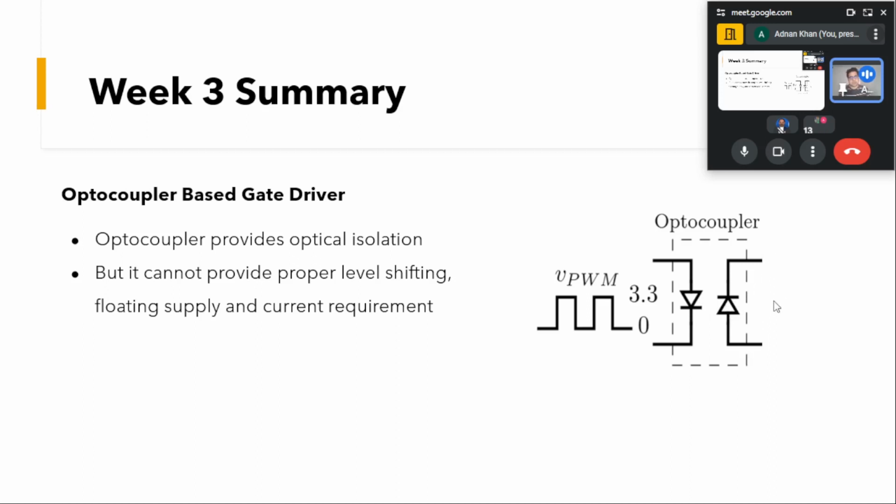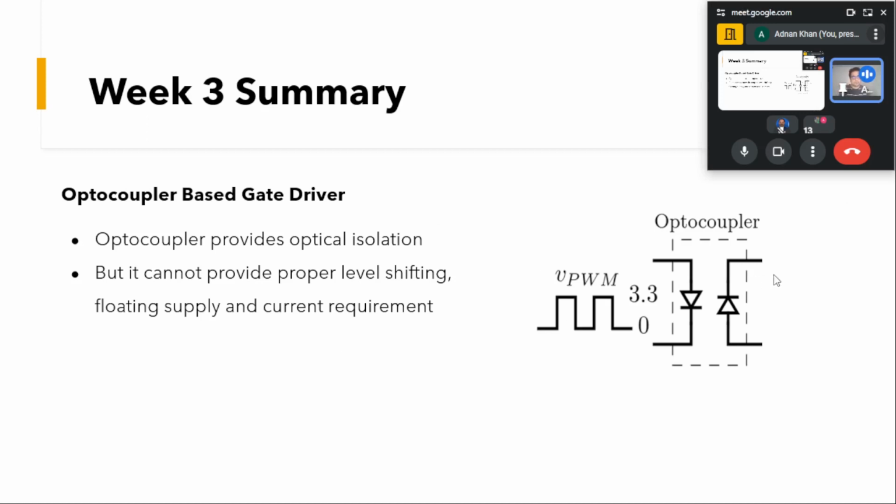And we had seen that for driving a particular set of devices, we may require different voltage and current levels. But this simple optocoupler based circuitry may not be able to handle that level of voltages and currents.